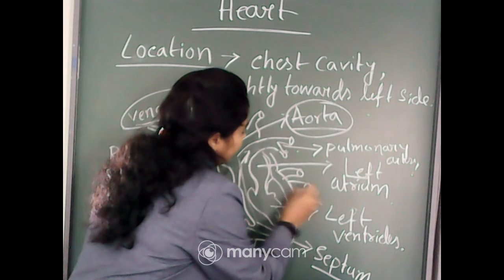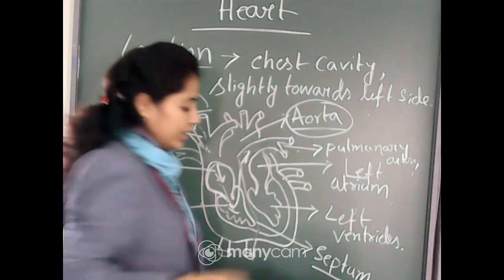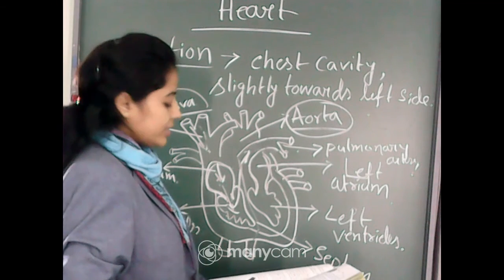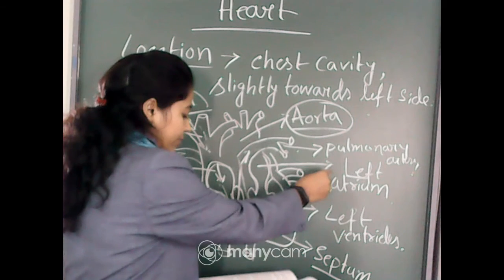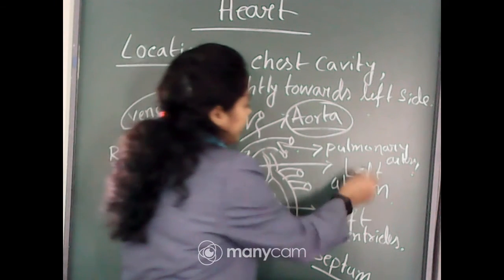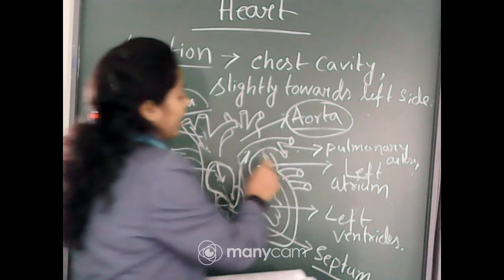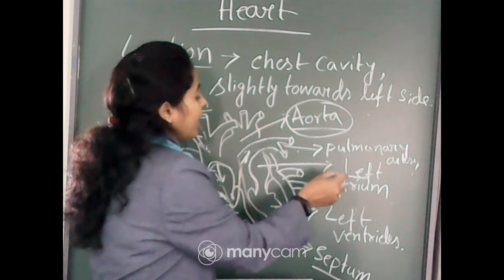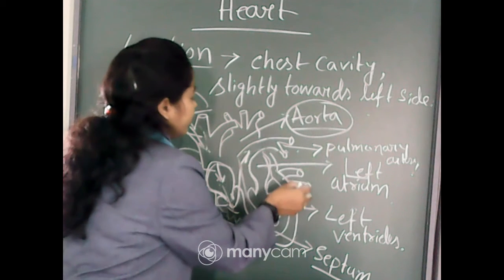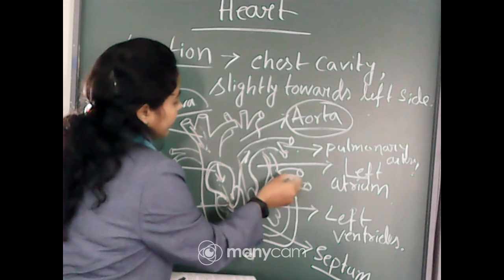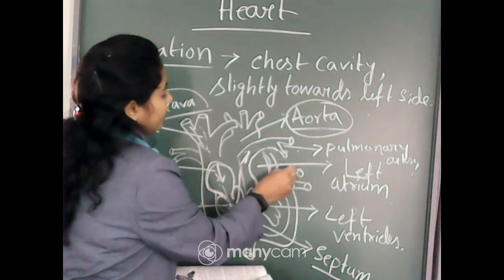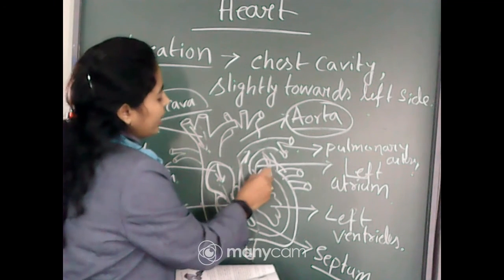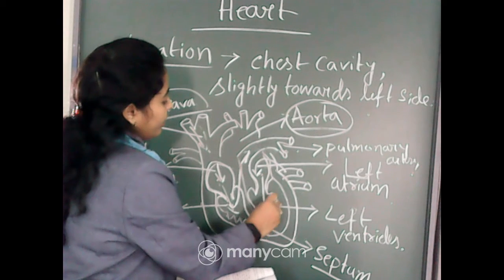The pulmonary vein is the major site for carrying oxygenated blood. From the lungs, through the pulmonary vein, the oxygenated blood comes to the heart, to the left atrium, or left auricle, first. Then it comes to the left ventricle.